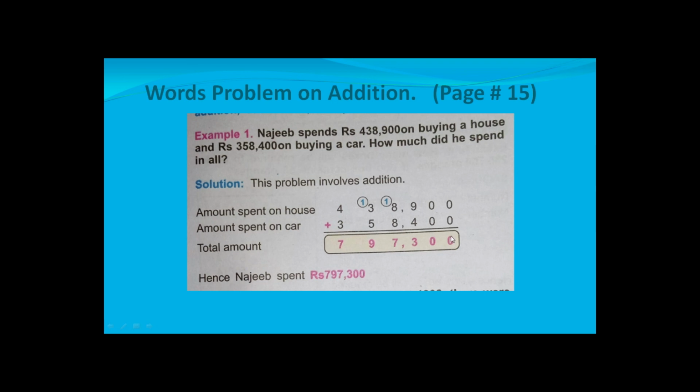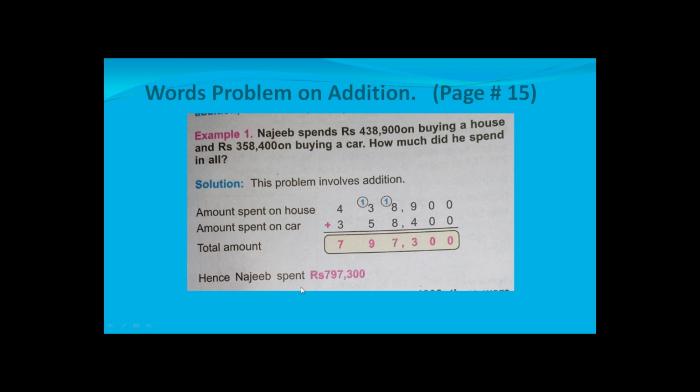0 plus 0 is 0, 0 plus 0 is 0, 9 plus 4 is 13, 1 will be carried, 8 plus 1 is 9, 9 plus 8 is 17, 1 is carried, 3 plus 1 is 4, 4 plus 5 is 9, nothing is carried, 4 plus 3 is 7.